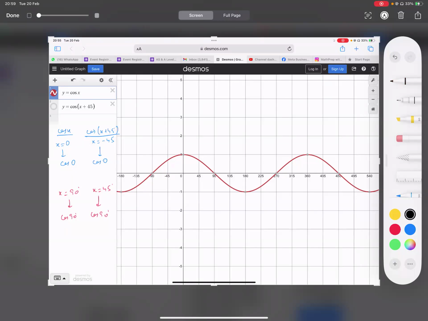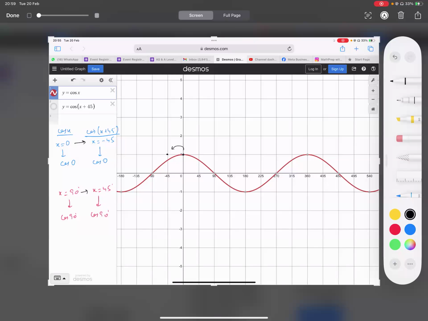That leads us to this conclusion that the point at x equals 0 is now going to move to negative 45. And the point at x equals 90 is going to move to x equals 45. So what was the point at x equals 0? This was the point at x equals 0. This is going to move 45 degrees to the left to minus 45.